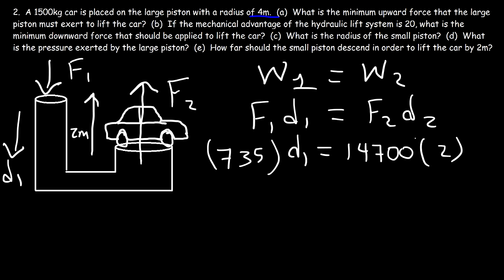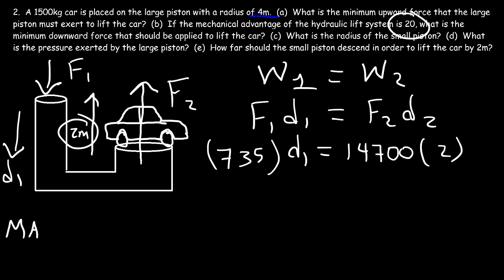Now keep this in mind. The large force is always associated with the shorter distance. The small force has to be exerted over a longer distance. So D1 should be much larger than 2 meters. In fact, since the mechanical advantage is 20, we know that the distance that we have to push the small cylinder down has to be 20 times the distance that the car is going to lift up.